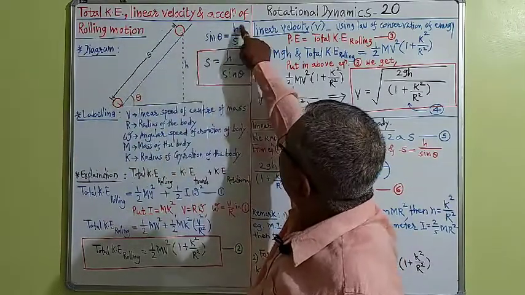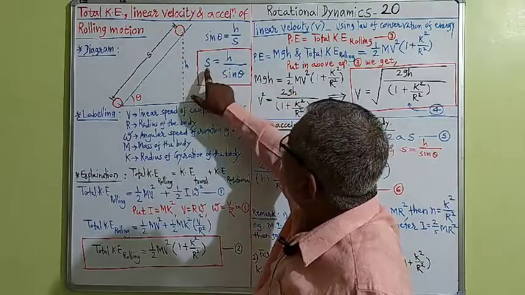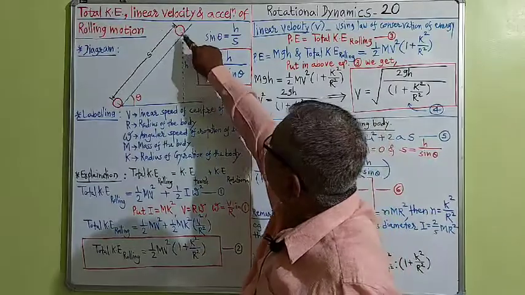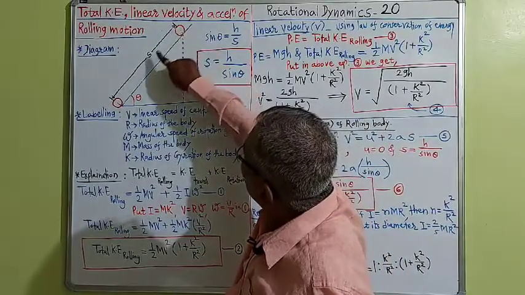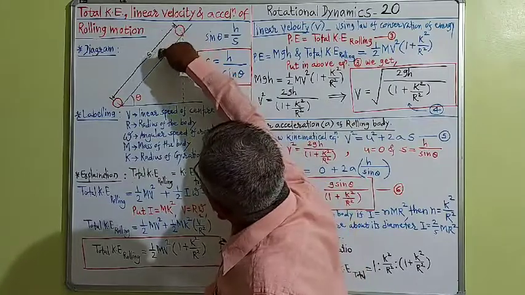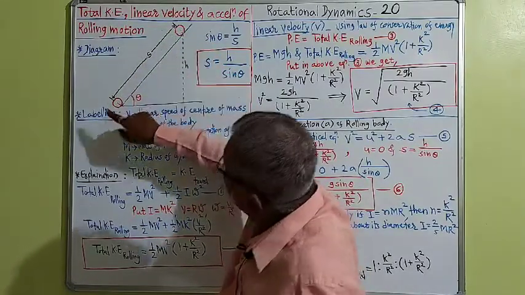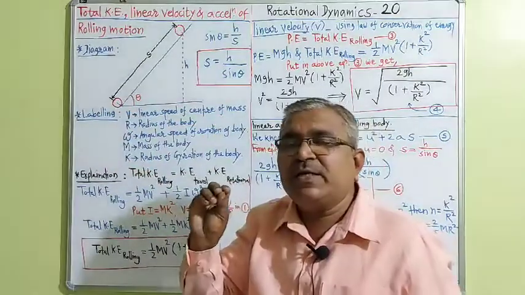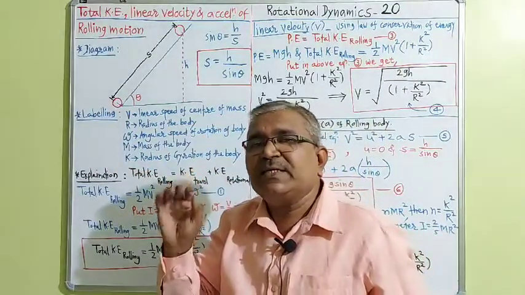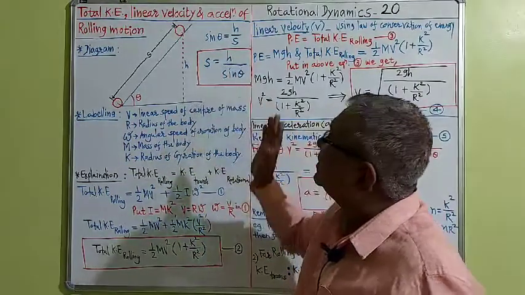So we get sine theta is equal to h upon s, and from this we calculate the value of s. S is the displacement of the body from top to bottom. When the body is rolling from top to bottom, the rolling body has displacement s, which is given by h upon sine theta.